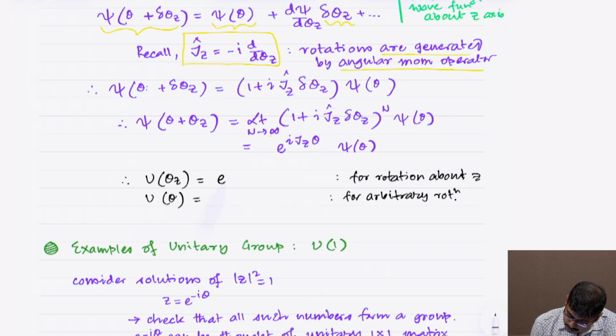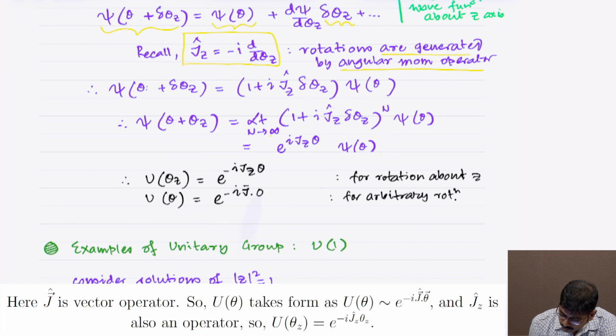This is nothing but e to the power minus i J z theta. This represents a rotation about the z axis, and if you have to generalize this form of U(theta), you can simply say that this is e to the power minus i J dot theta. This is how you can basically parameterize the rotation operators.